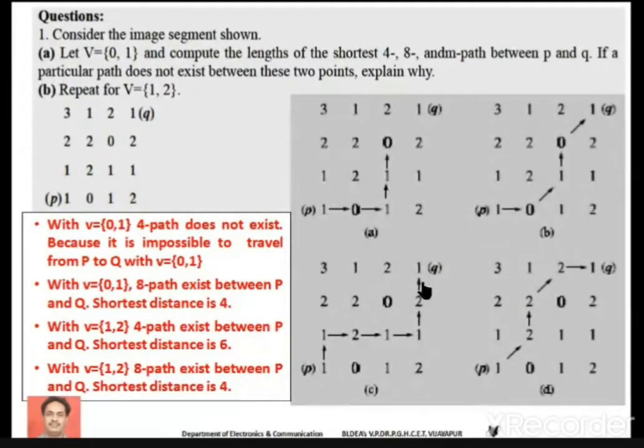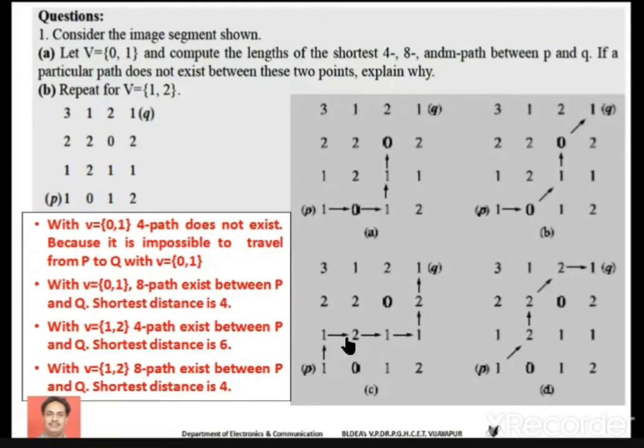But you can observe that whatever path we have chosen, that path consists of only pixels with values 1 and 2. Now I can say that for this bit B, with V equal to 1, 2, 4 path exists between P and Q. Yes, the path exists, and this path consists of only pixels with values 1 and 2.